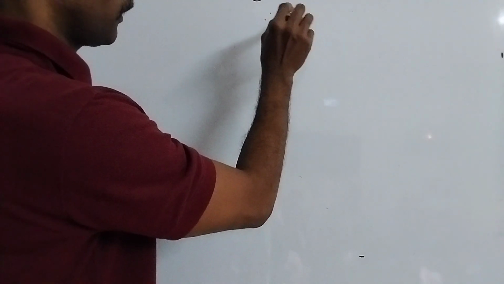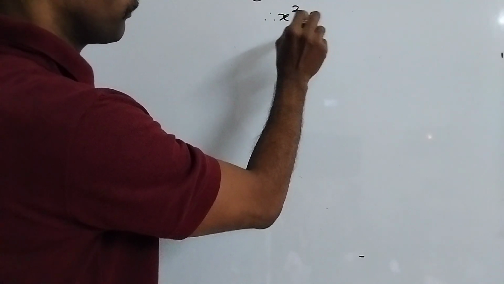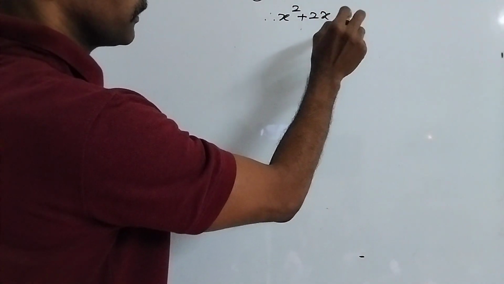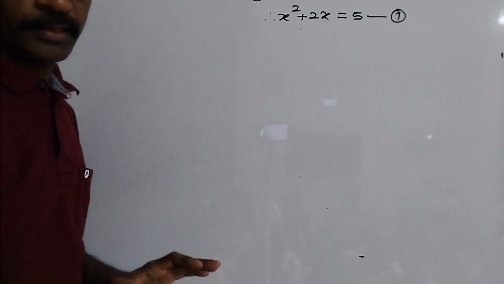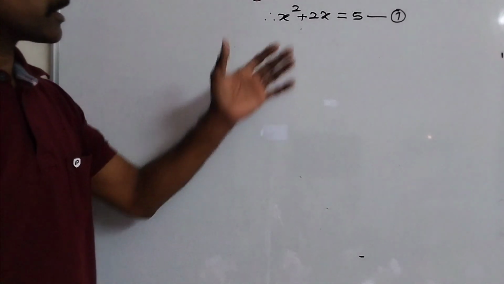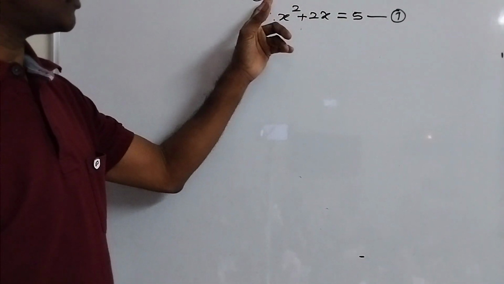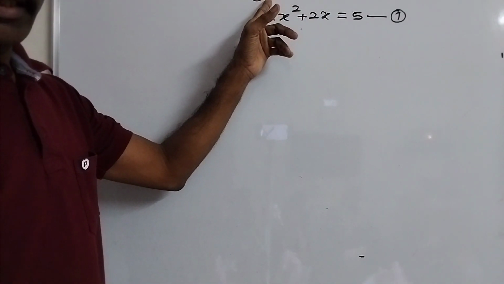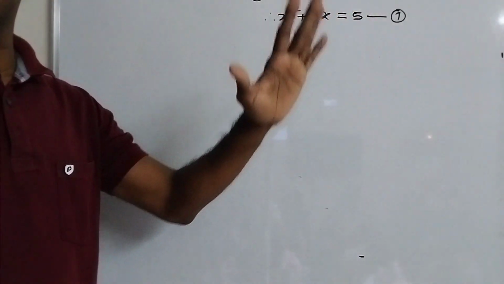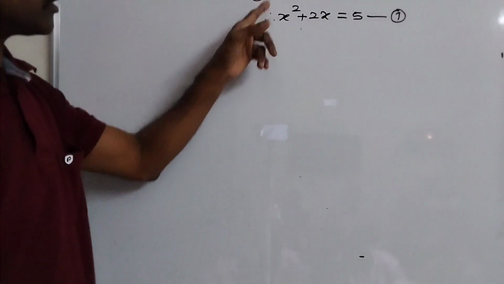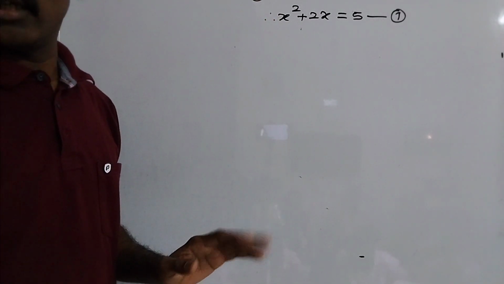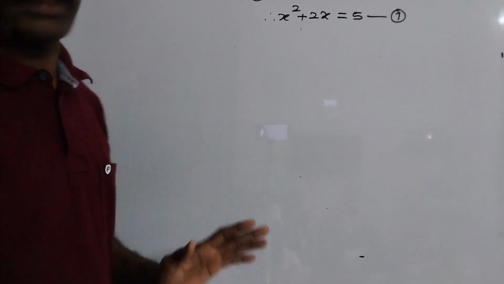Therefore, x square plus 2x is equal to 5. This minus becomes plus. Did you understand? This is our first step. If here it is bigger than 1, then first of all divide both sides by that particular number. But here it is 1, so there is no need to divide by any number.